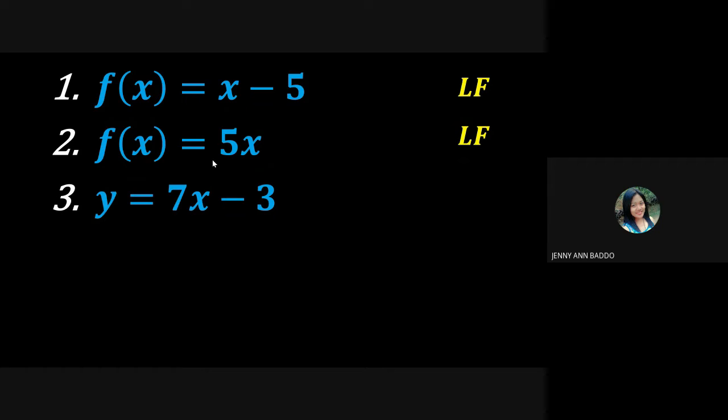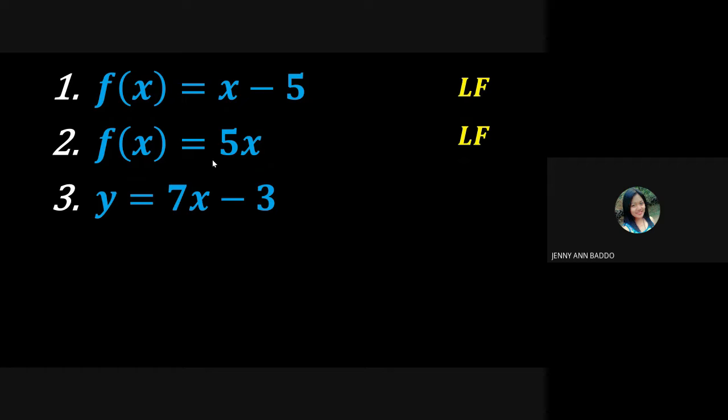Another example, y equals 7x minus 3. Take note, for this example, we can rewrite it as f of x because y is the same as f of x. Obviously, it is in the form y equals mx plus b.